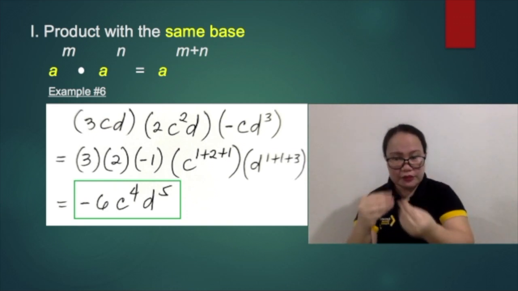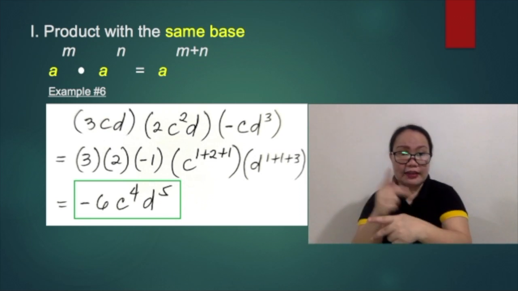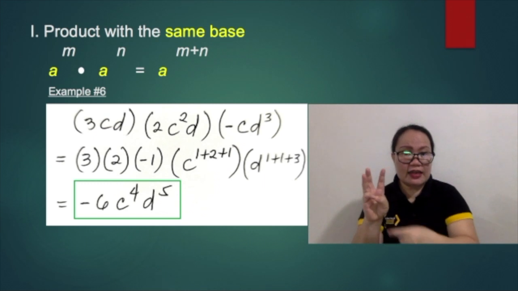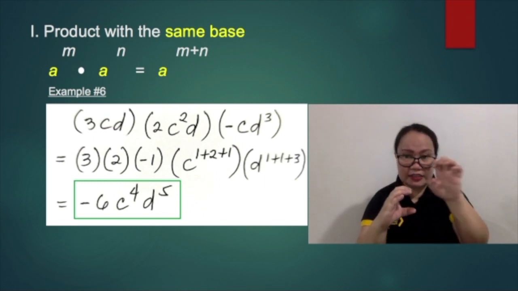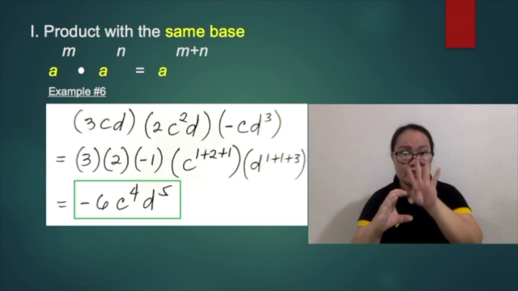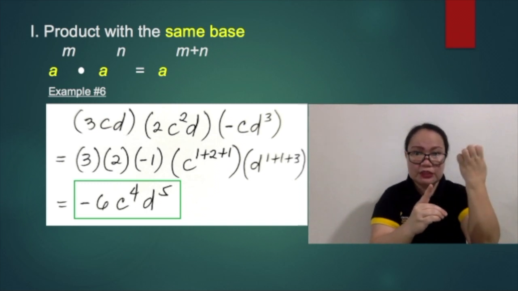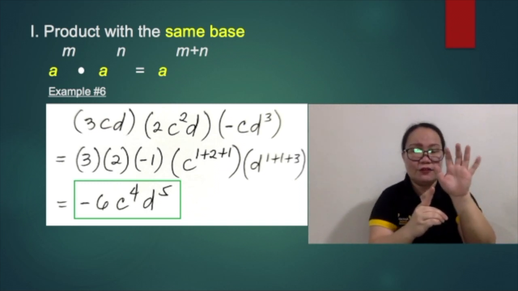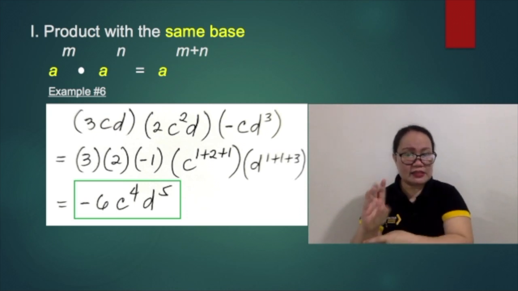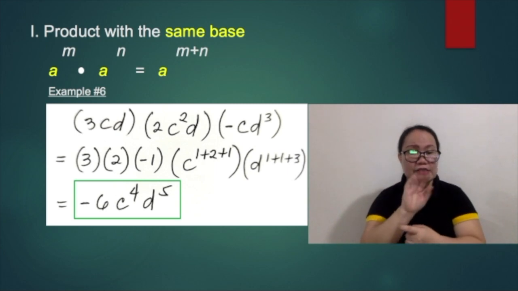So we'll simplify this further. 3 times 2 times negative 1 is equal to negative 6. And then c, the added exponents, is equal to 4. C to the power of 4. And for d, the exponent is 5. So final answer is negative 6 c raised to the power of 4 d raised to the power of 5.